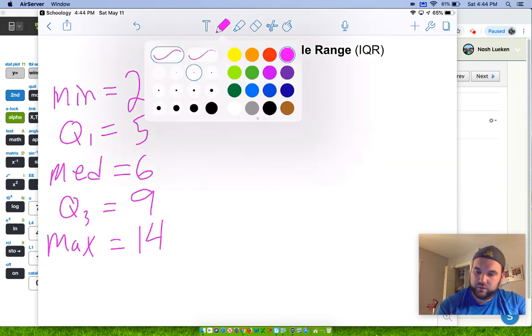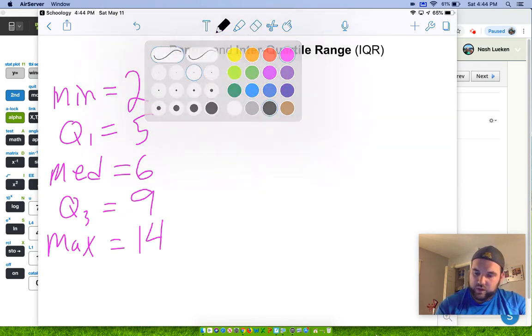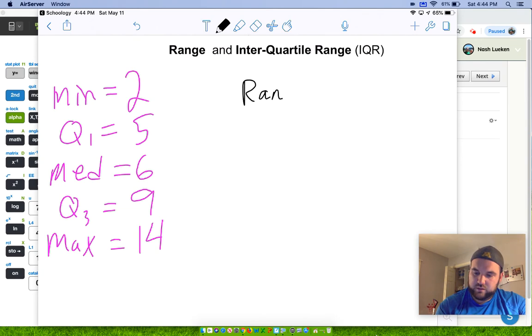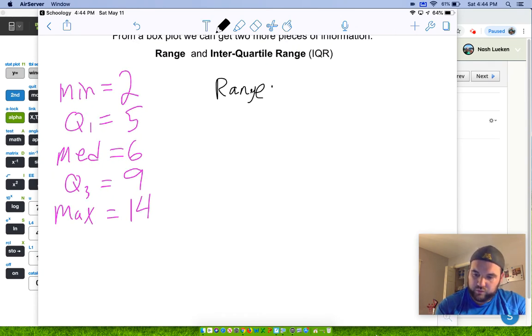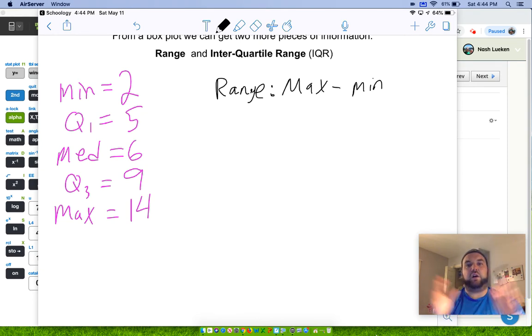I'm going to switch colors here. You may remember learning about range. All of you have learned about range at some point in time. That is the maximum value minus the minimum value. So basically, how far does your data set span? What's the distance from lowest value to highest value.